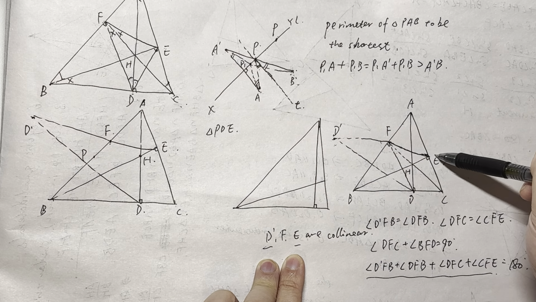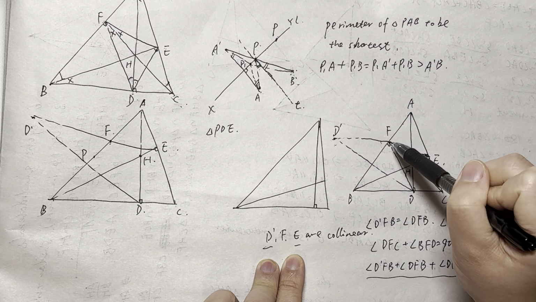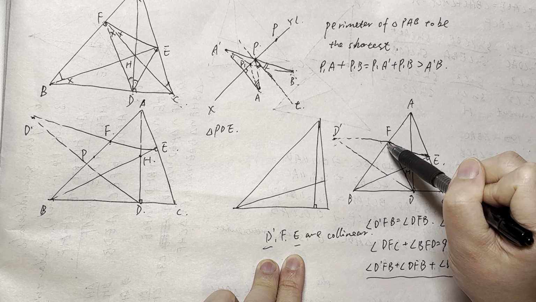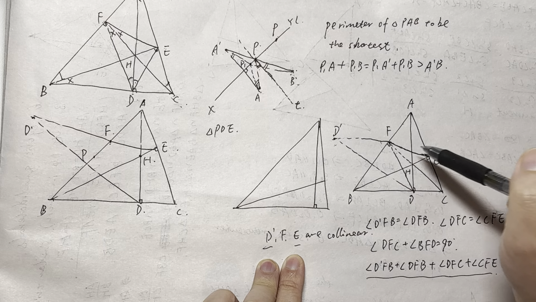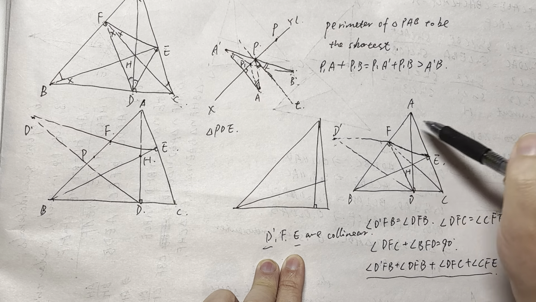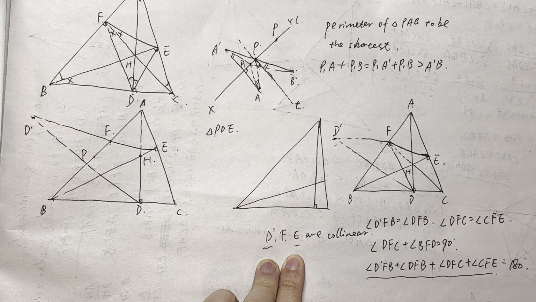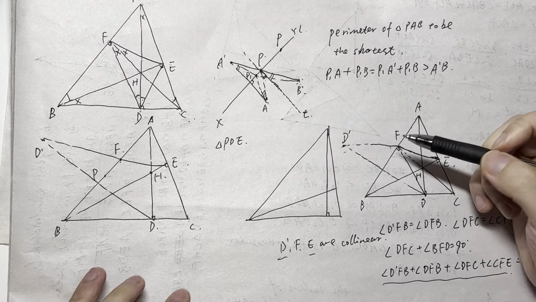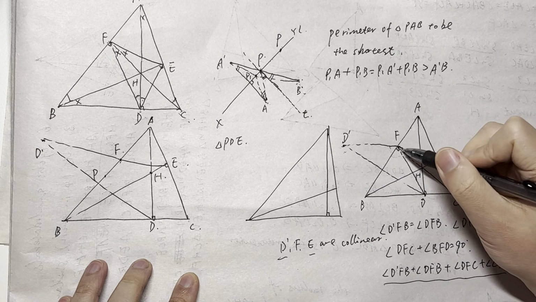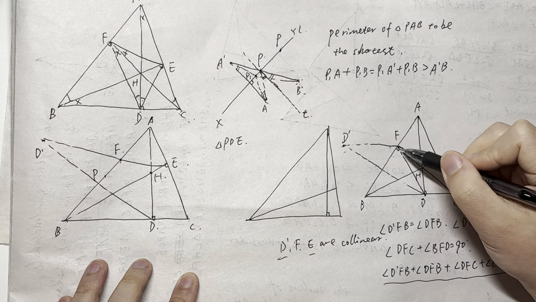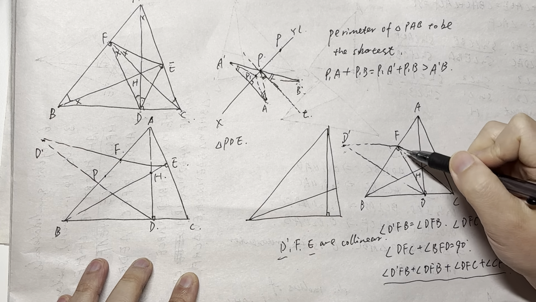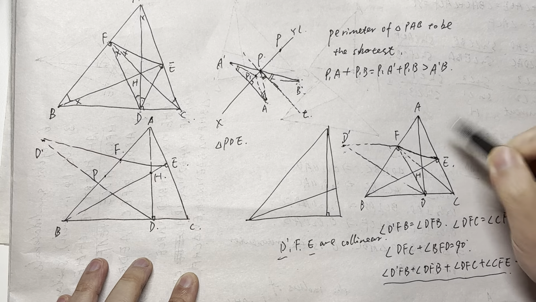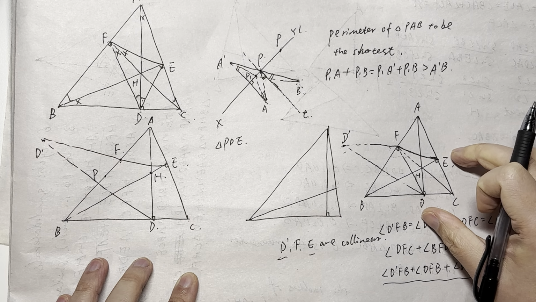And we connect D prime E. Then the intersection point F is also the foot of the altitude on edge AB, right? So it's saying that when we have the foot here, that guarantees the shortest distance of FD plus FE if D and E are fixed, right?